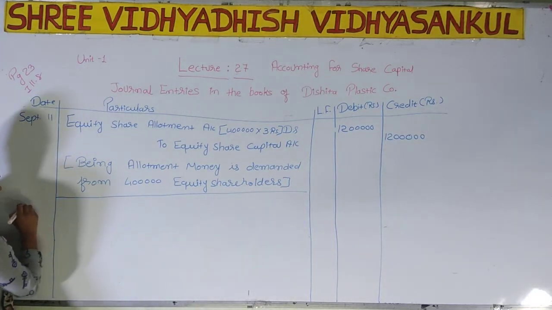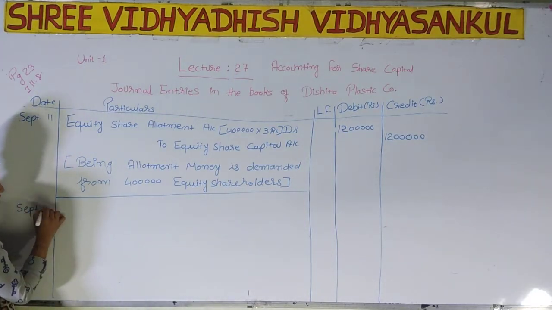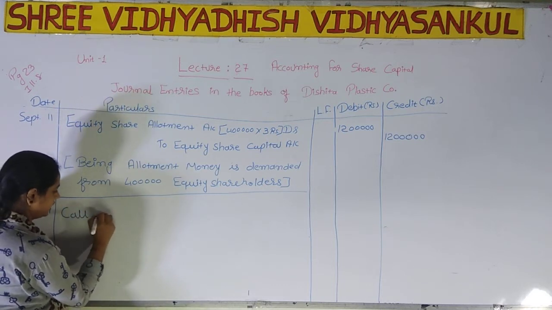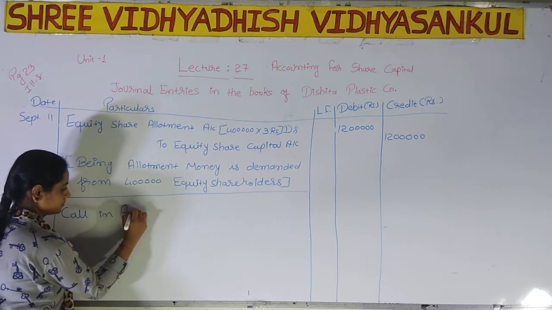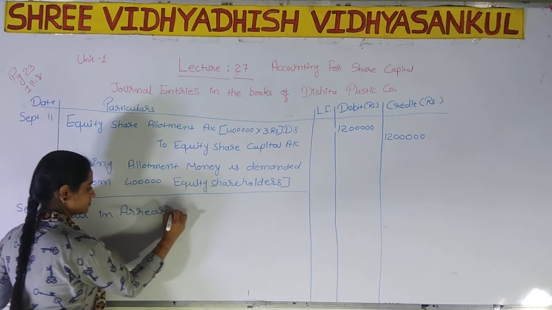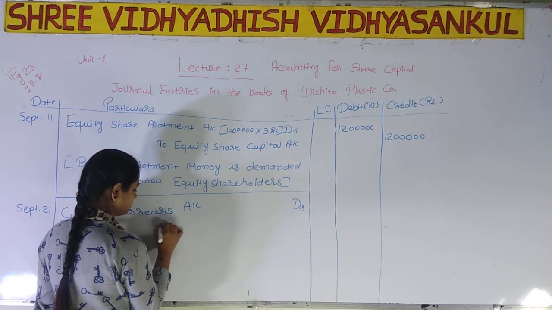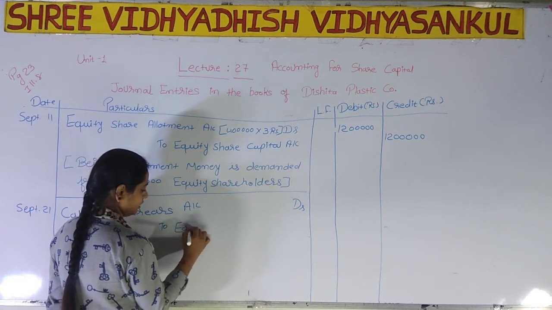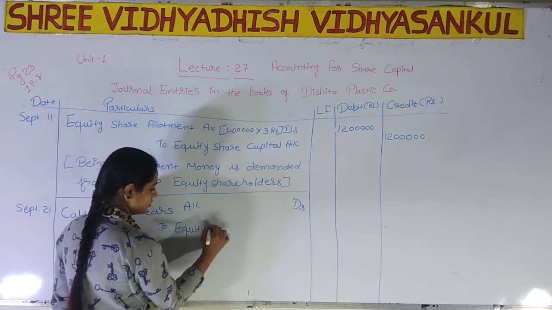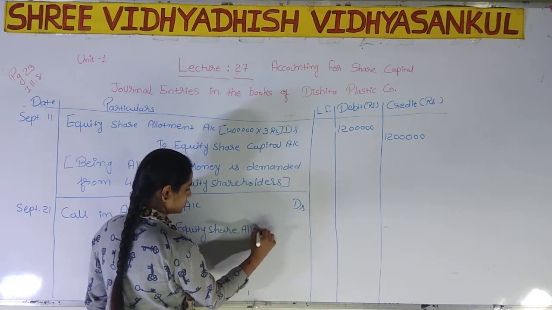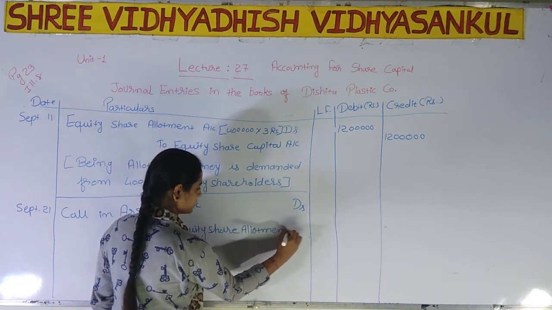So here we have to write the date September 21, but we have to write the entry for only calls in arrears. Debit to equity share allotment account.